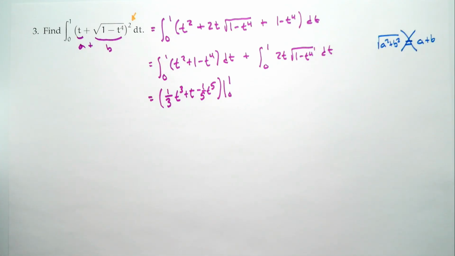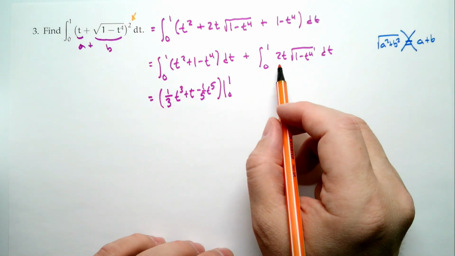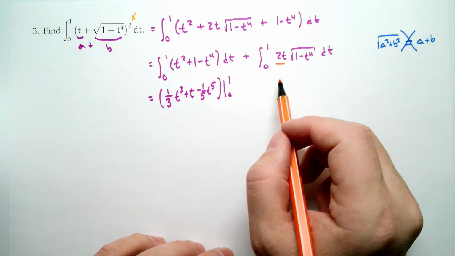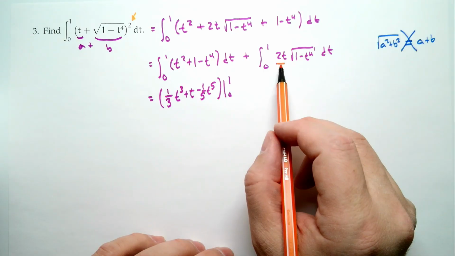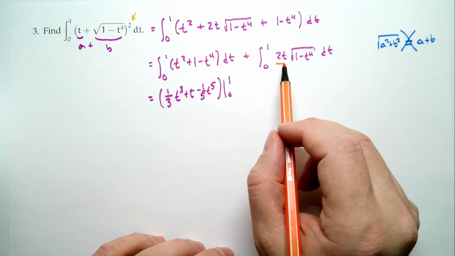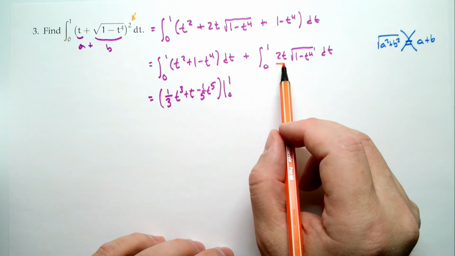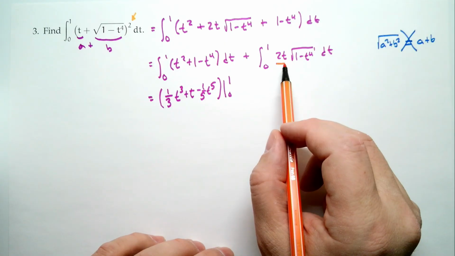Now, at this point, let's think of a substitution we could make. I claim that this problem is suggesting a substitution for us, if we listen to it. I see this 2t sitting here, and that works really nicely if I think of it as the derivative of t squared.